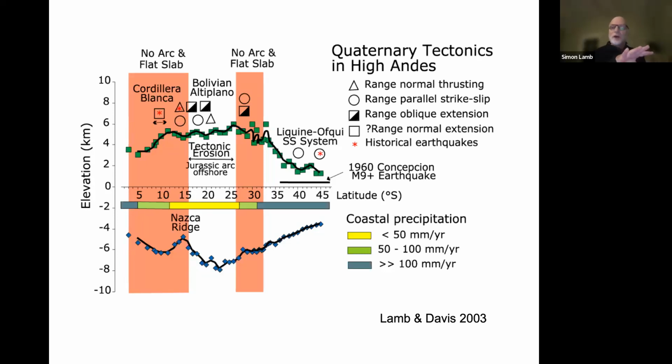It hovers around. Some parts are very slightly extensional, but the rates of deformation are very, very low. And some parts are slightly compressional, and these can change quite rapidly as you go along strike. But the dominant mode is actually strike slip.